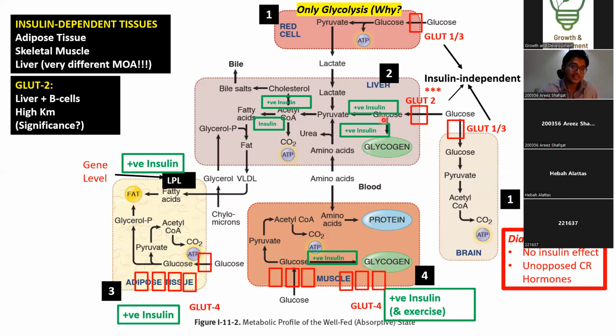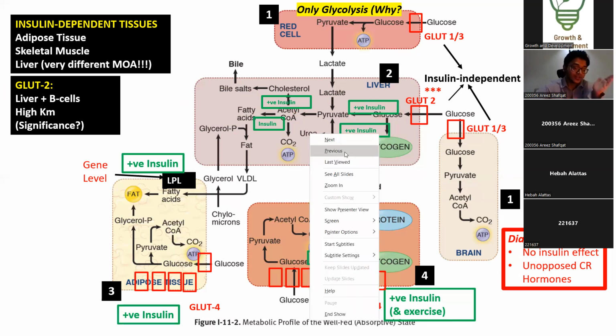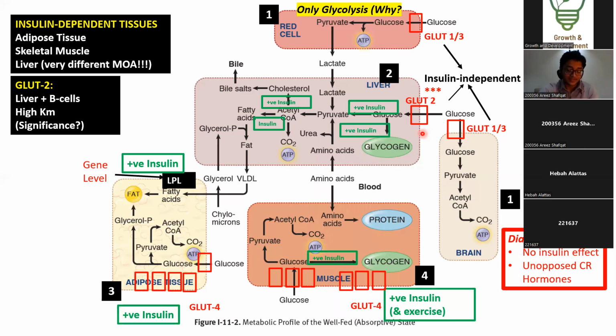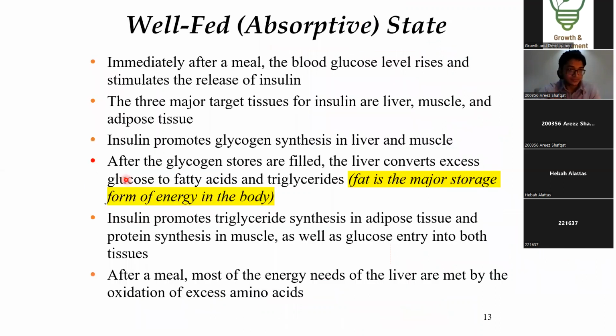Hexokinase is like GLUT1 and GLUT3, so it's always working at a steady pace, while glucokinase increases its activity based on glucose concentration. That's important for later on when we discuss insulin synthesis, because GLUT2 and glucokinase are both present also in the pancreas. But nevertheless, this is that diagram. I hope this makes sense to you.